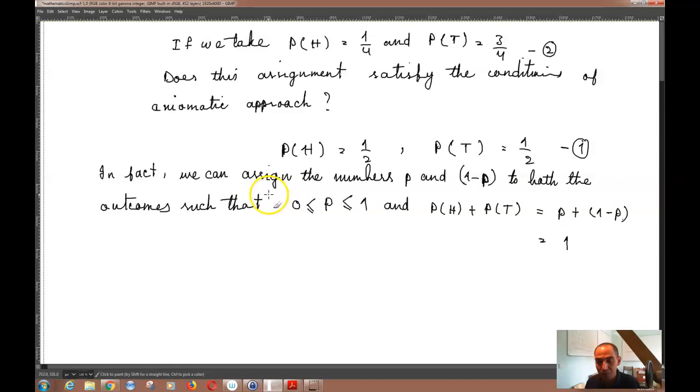We now consider some examples. Now, of course, let me write this down.